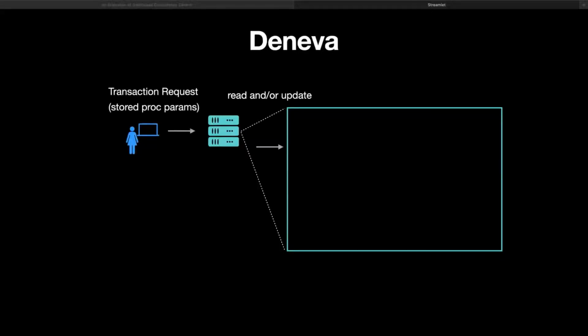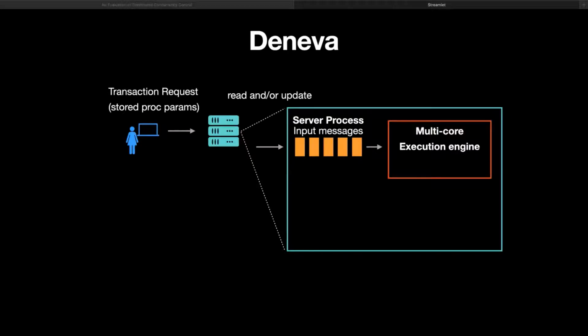Inside the server, there are request threads that try to add the request to a priority queue. Now the interesting part here is the multi-core execution engine, which has 4 worker threads that read requests from the priority queue and execute them.